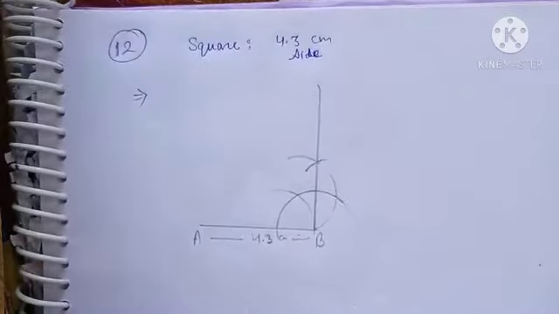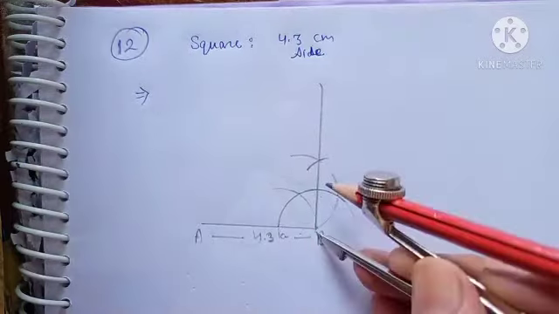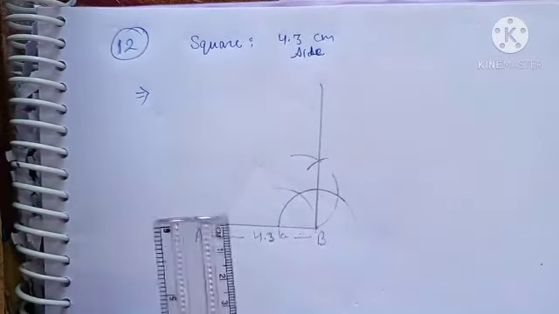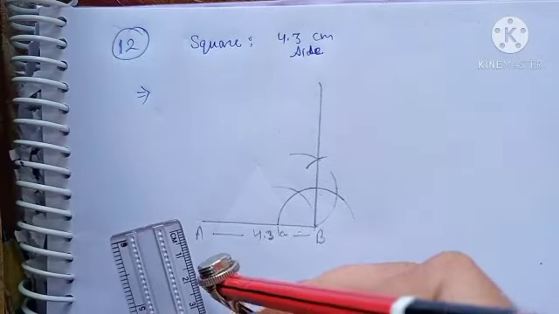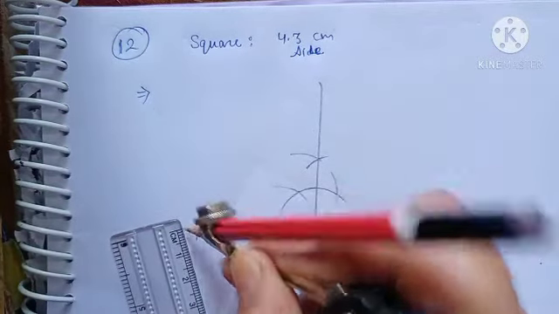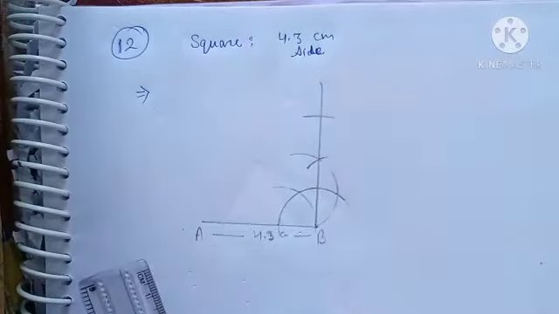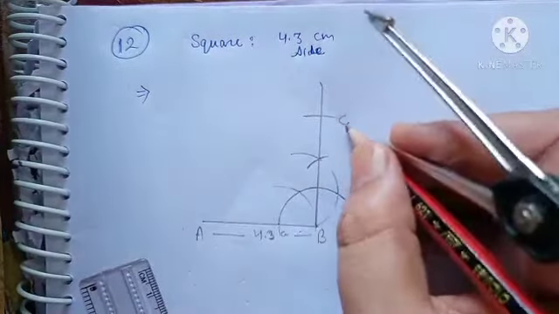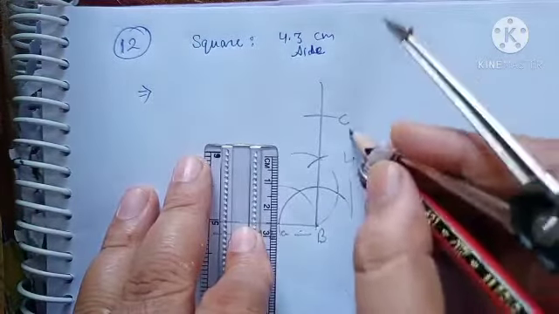Okay, now each side of a square is the same. So here you can see this is 4.3 centimeter. So here we have to cut off BD, which is of 4.3 centimeter. Now taking 4.3 centimeter as radius and B as center, we will draw an arc which will intersect this line at C. So it is of 4.3 centimeter.